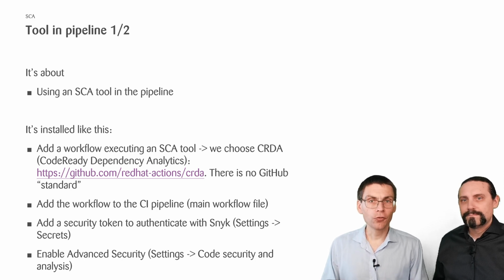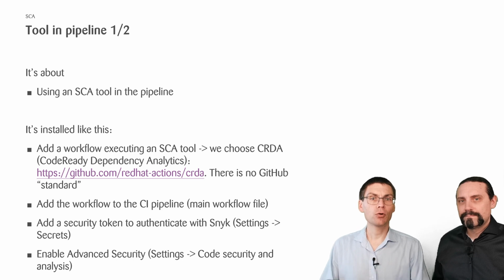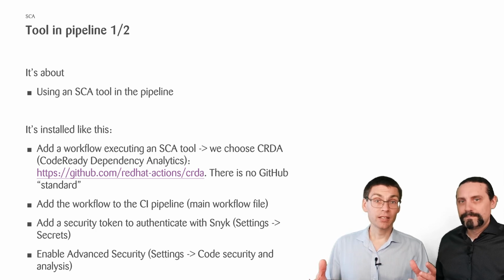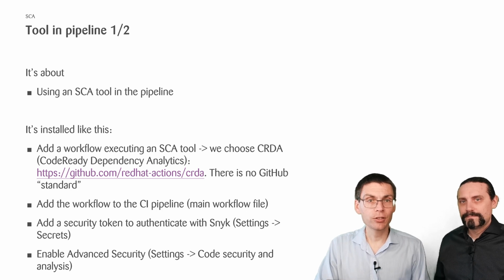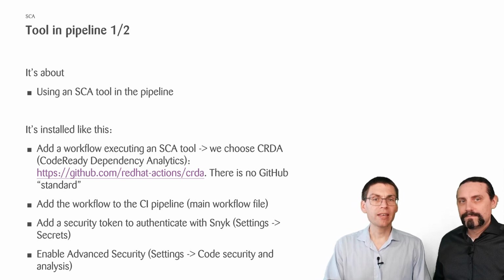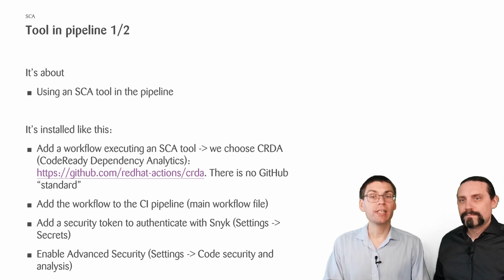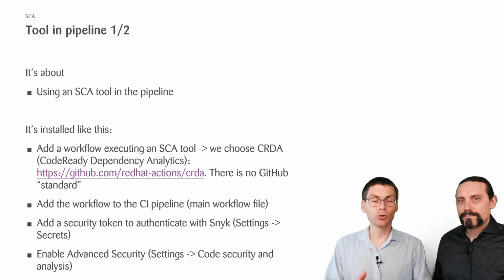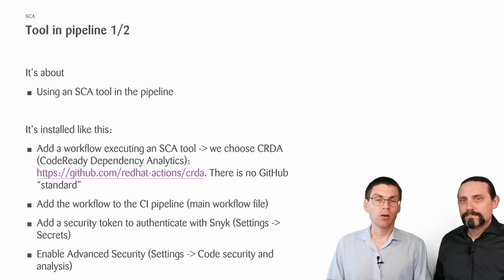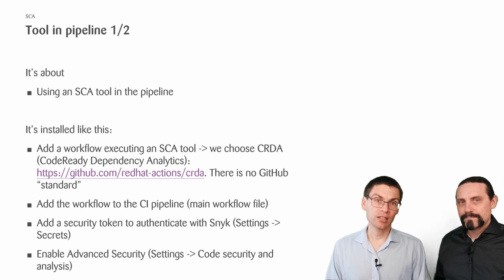We add the workflow to the CI pipeline, so basically to the main workflow file, and we will have to add a security token to authenticate with Snyk. Snyk is a professional security tool that is used by CRDA. And then we need to enable also advanced security, which we do by going to Settings, Code Security and Analysis.